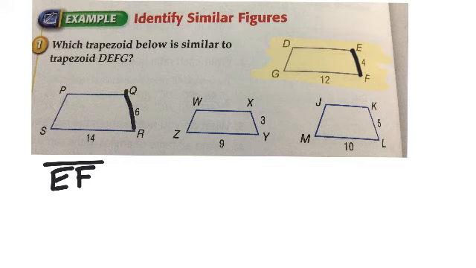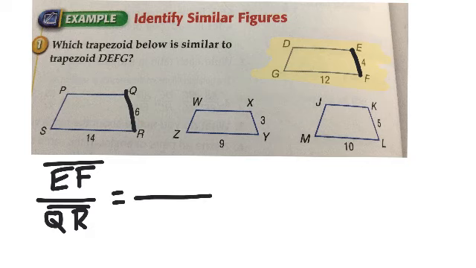QR. So you see I did EF over QR. So I did one side from the yellow over one side from this one. Now I'm going to set that equal to, now what's the other side I know? I know side GF from the yellow. So what side does that go along with in PQRS? It goes along with RS here.